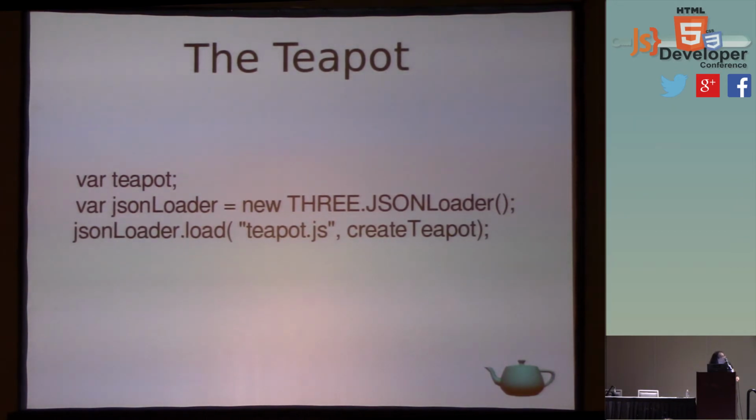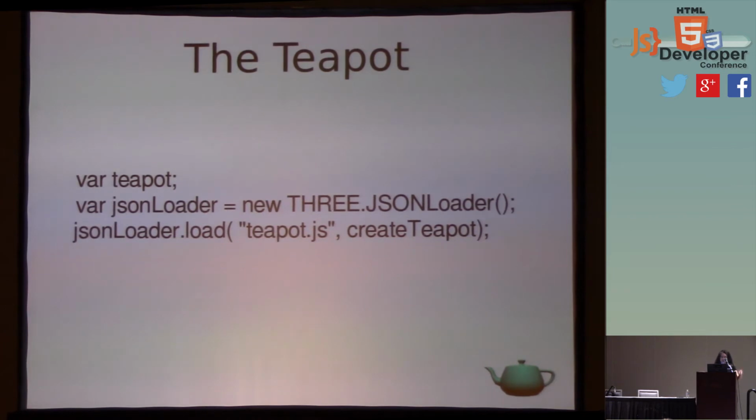So get yourself a handle, and then instantiate a loader, and then use the loader to read in the teapot. And not only does it use the teapot file itself, but there's something else going on there. There's a callback. The reason is, we don't know how big this JSON file is. It's asynchronous. It could take forever.